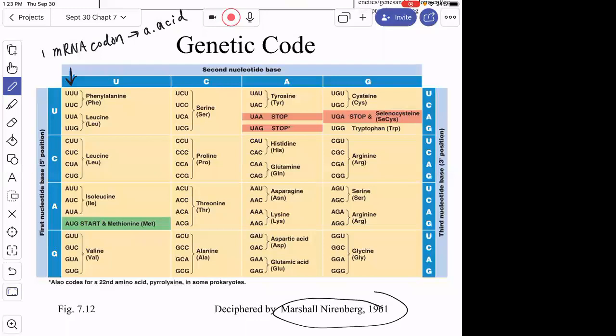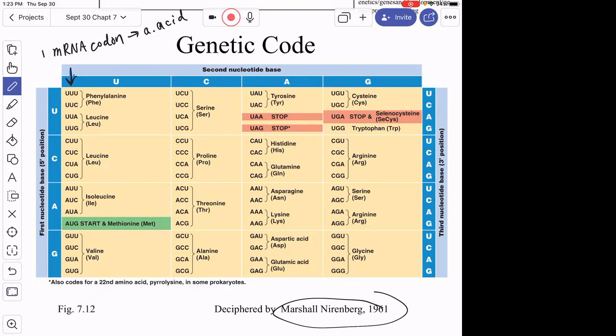We knew there were 4 bases, and then how did that correspond to the 21 amino acids? If it was just a pair that corresponded, then there are only 16 possibilities of 4 nucleotide bases. But if you had triplets, then there were 64 possible combinations.